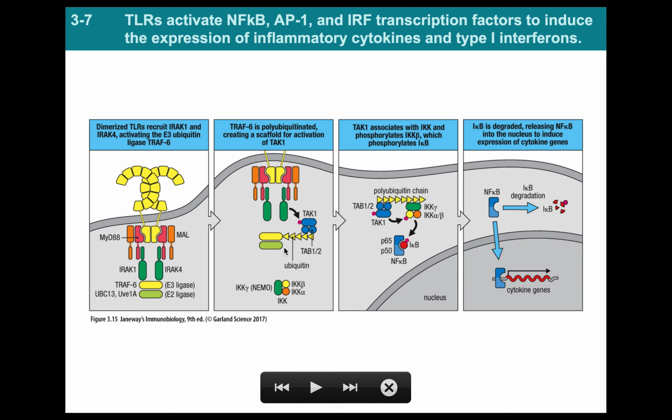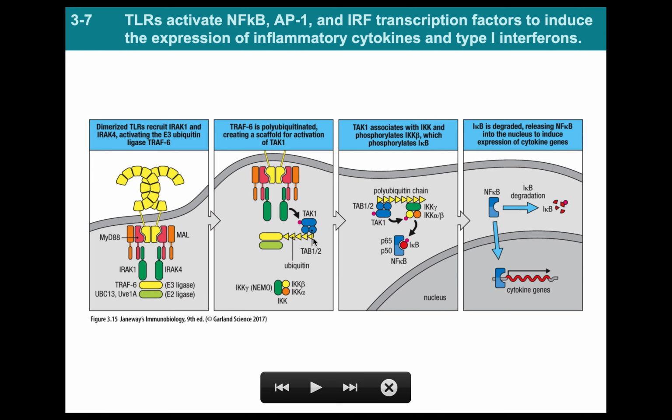Our E3 and E2 ligases are going to attach a ubiquitin to a protein called TAC1. And so let's put TAC1 in here, which also gets phosphorylated by the Iraq proteins, and that helps activate it. So, all right, TAC1 bound to our ubiquitin ligases. The ubiquitin ligases can now leave, and the ubiquitin chain will stay on TAC1 because it's actually attached to that.